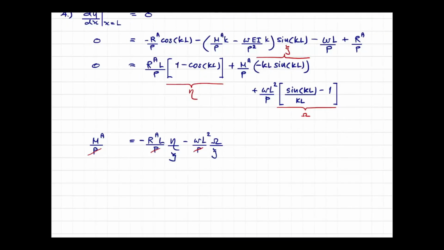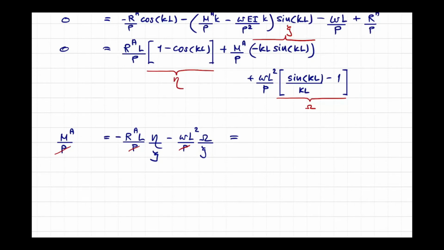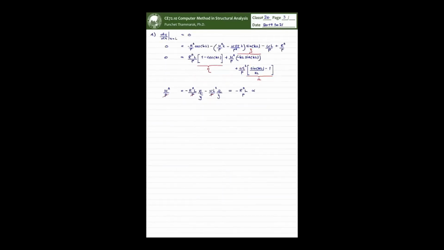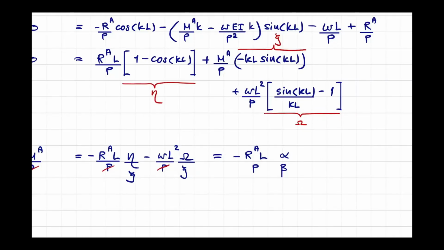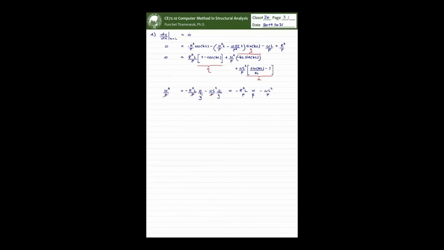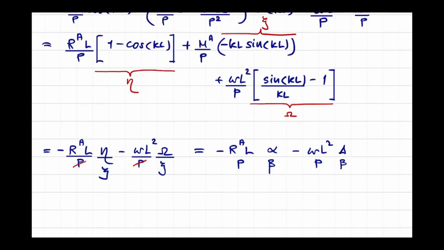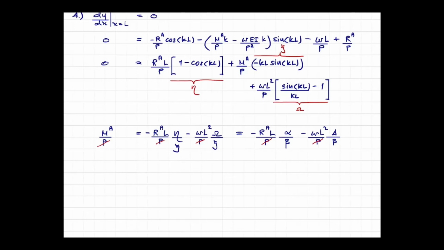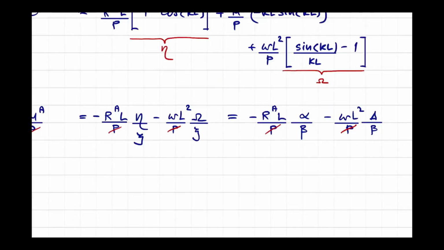The second one, MA over P is equal to minus, and minus, okay, minus RAL over P alpha over beta, and minus WL square over P delta over beta. P is gone. So it's up to us.